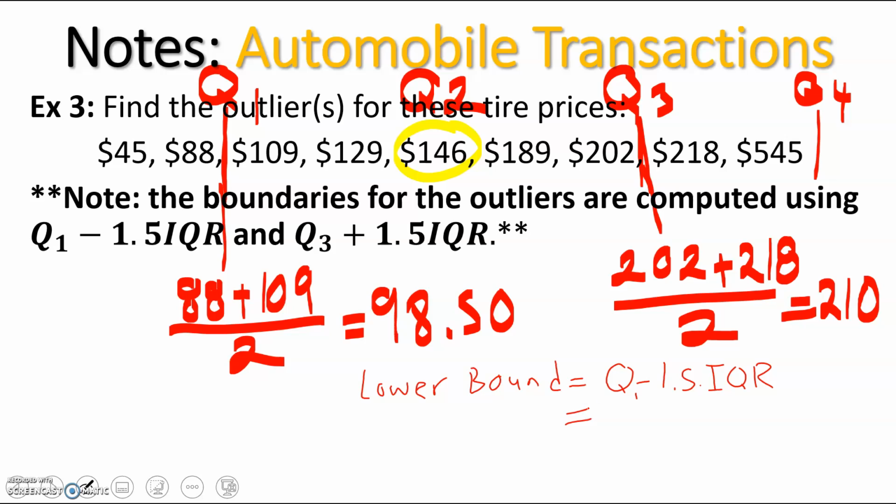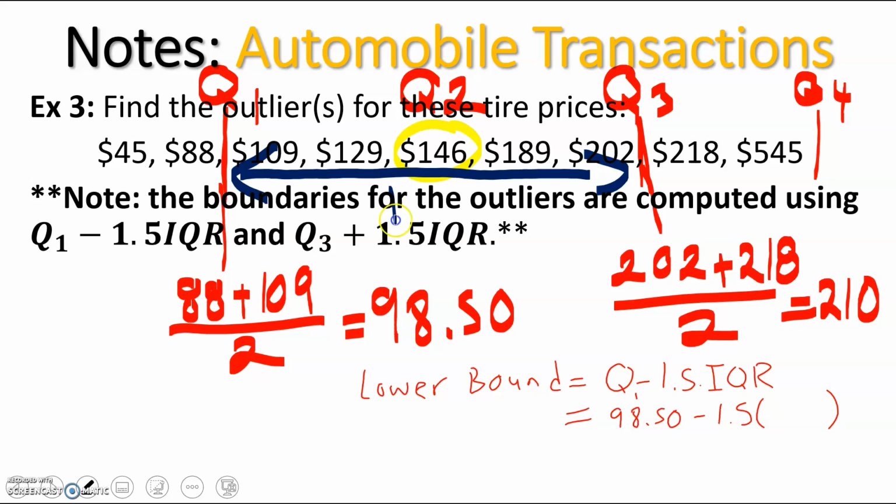Now in this case, our Q1 is $98.50 for the tire, minus 1.5 times our interquartile range. Now remember, the interquartile range, or IQR, is the difference or space between our first and third quartiles. So in this case, that's going to be the space between this 98.50 and this 210, right?